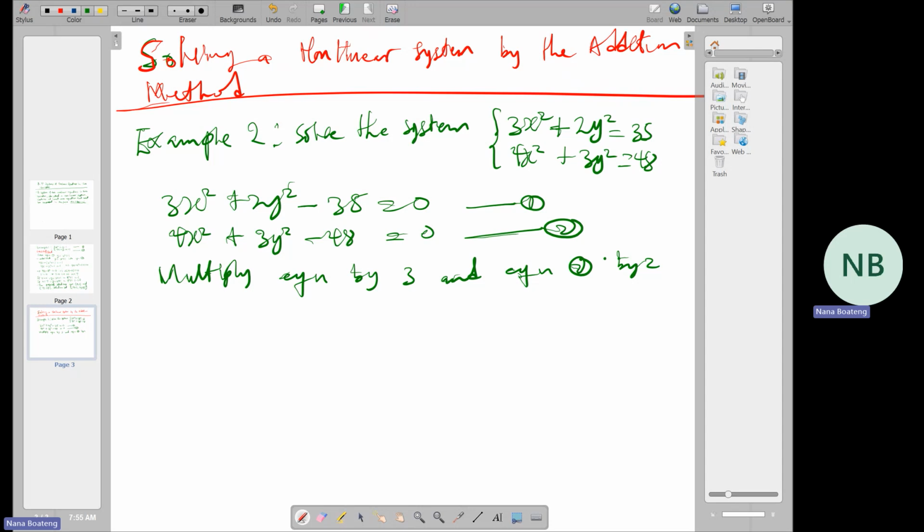So if you multiply equation 1 by 3, you're going to have 3 times 3x squared, 9x squared, plus 3 times 2, 6y squared, minus 3 times 35, which is 105, is equal to 0. And if you multiply equation 2 by 2, then we have 8x squared, plus 3 times 2 is 6y squared, minus 48 times 2, which is 96, is equal to 0.